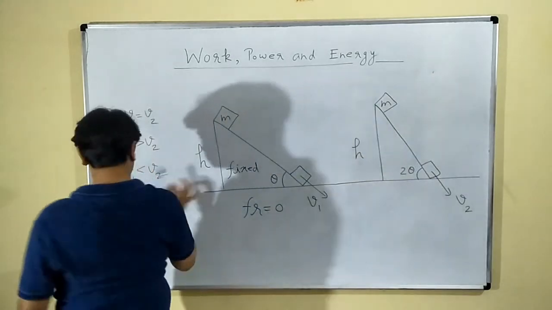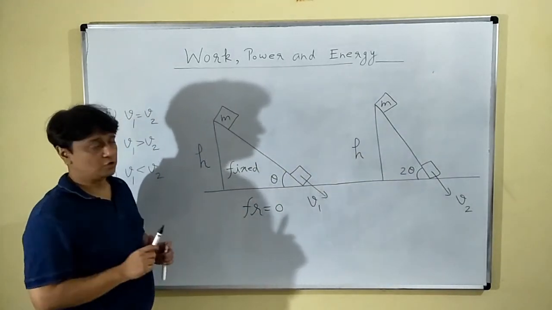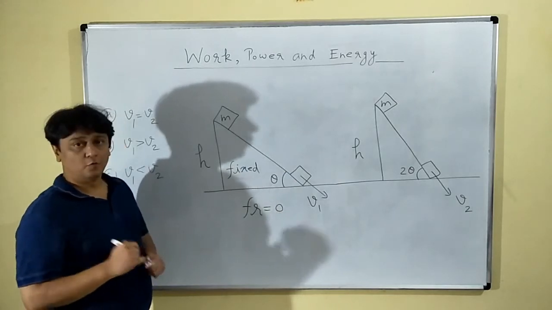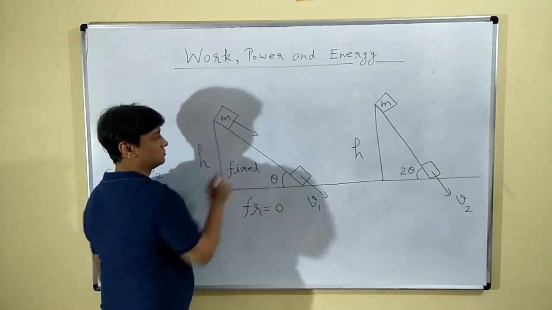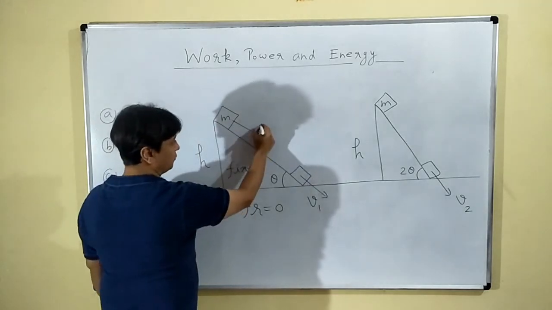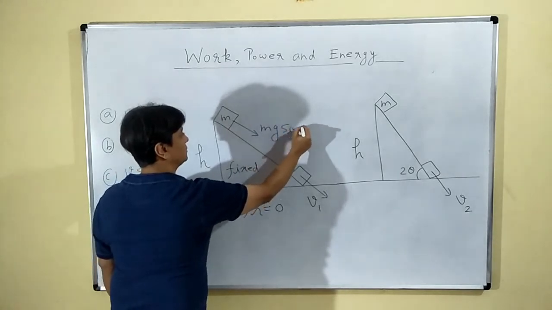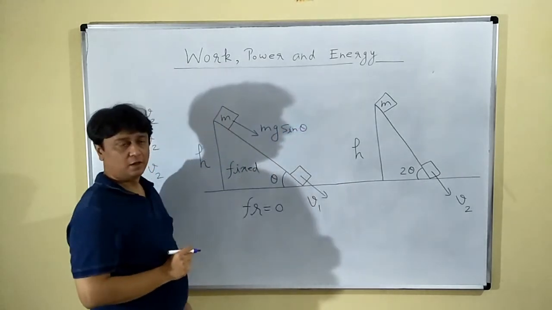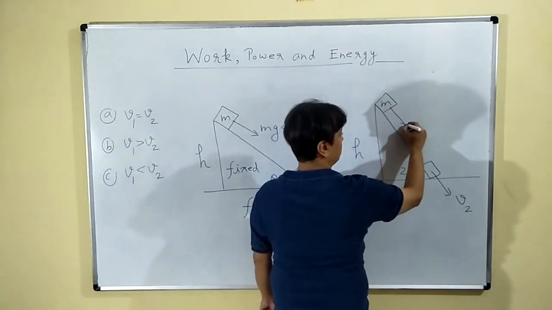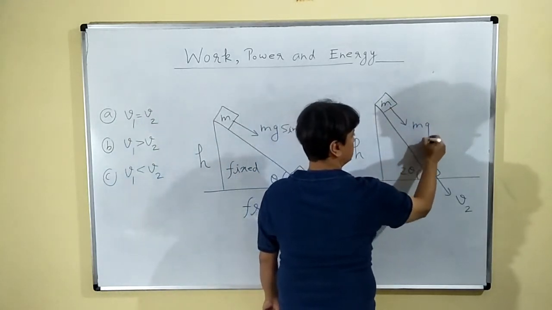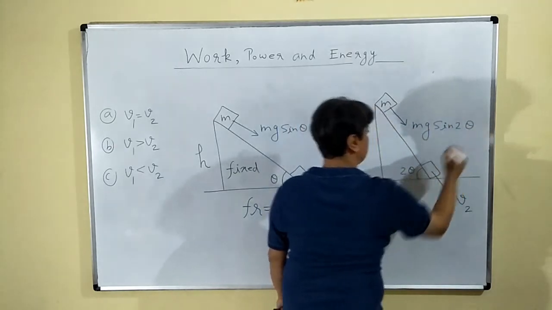Now we can solve this question with the help of laws of motion. वहां हम क्या करेंगे? We'll go for this force. What is this force? mg sine theta. In this case, this force is mg sine 2 theta.